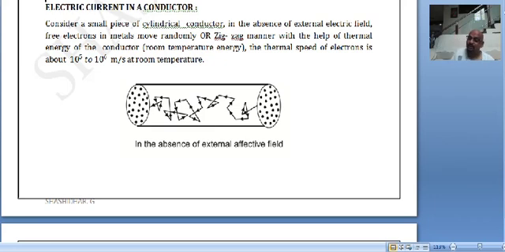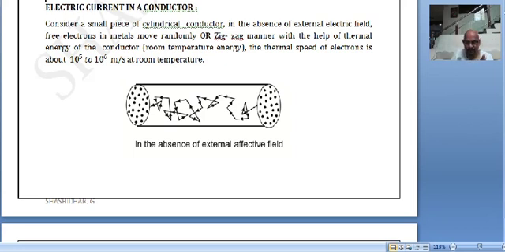Even though the electrons are moving randomly, there is no net flow of charges from one point to the other point. Why? Suppose at any given instant of time, 1000 electrons move from left to right. There is every probability that 1000 electrons will move from right to left at the same time.